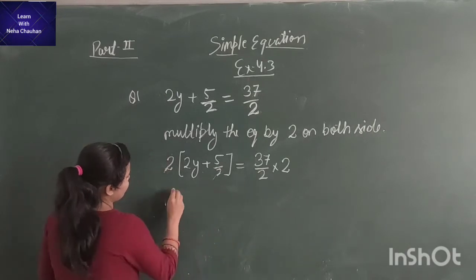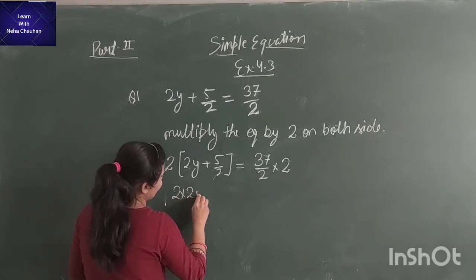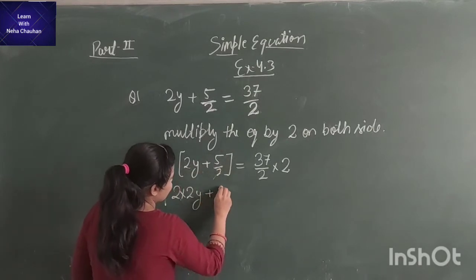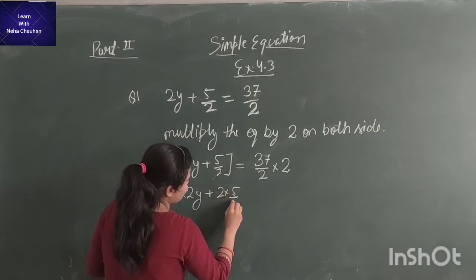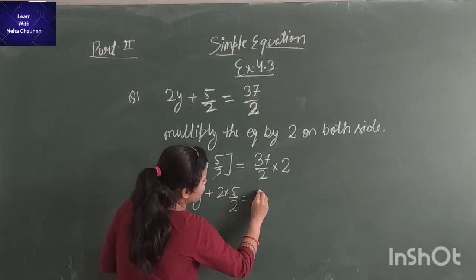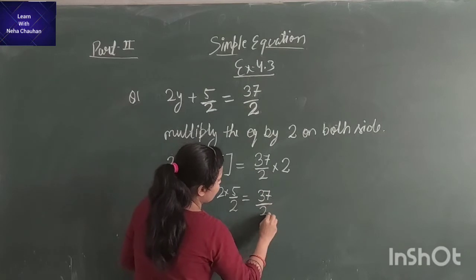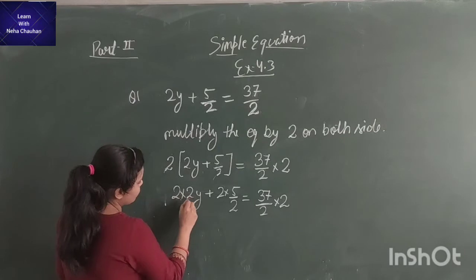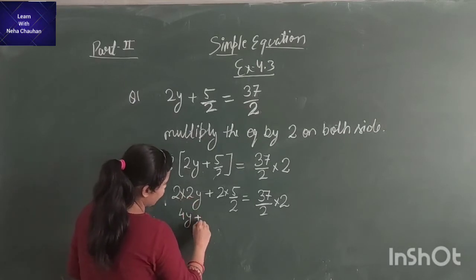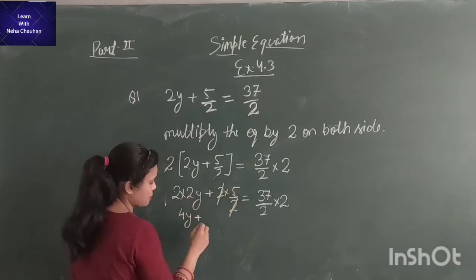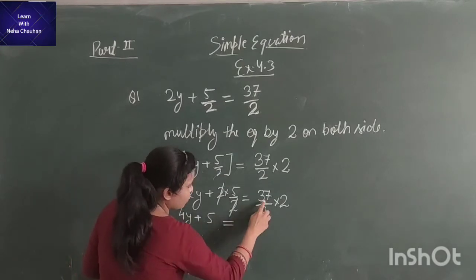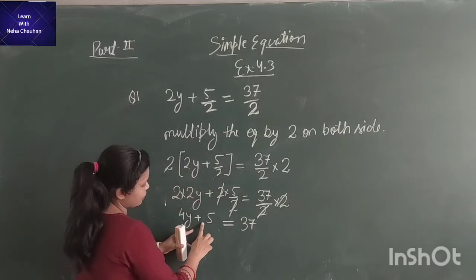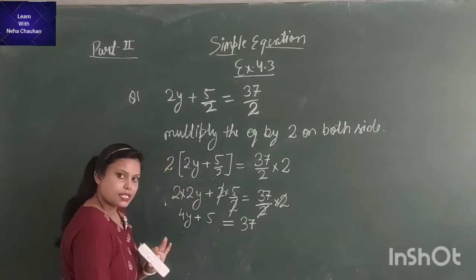When we multiply this in the bracket, we get 2 multiply 5 by 2 is equal to 37 by 2 multiply 2. So 2 multiply 2 is 4y plus, the 2 and 2 cancel, that is 5, is equal to 37, as the 2 and 2 are cancelled. So we get 4y plus 5 is equal to 37.